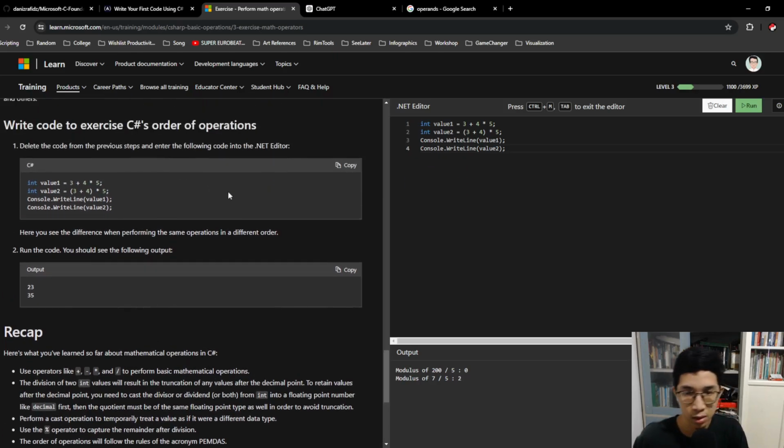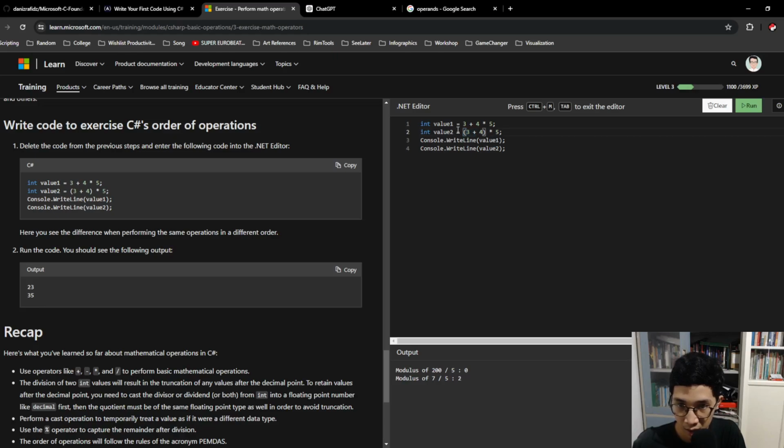Okay. 3 plus 4 multiplied by 5: the multiplication is the first priority, and the last part is 3 plus this one. 4 multiplied by 5 is 20, and 3 plus 20 is 23.